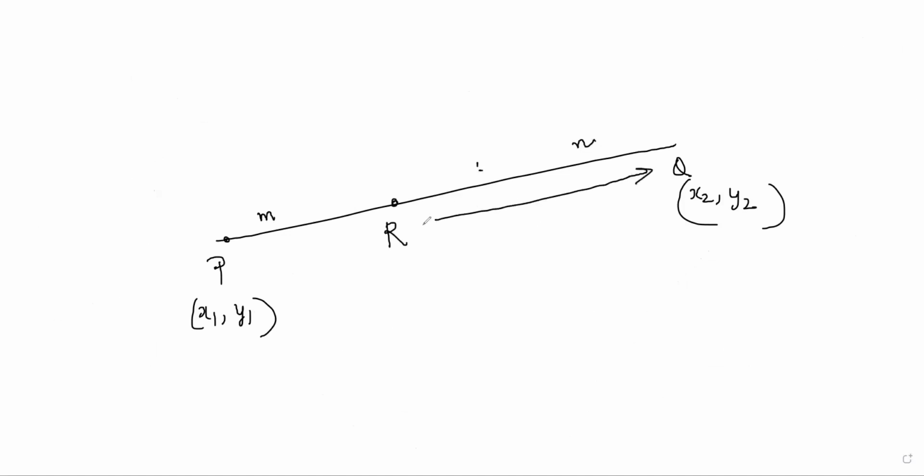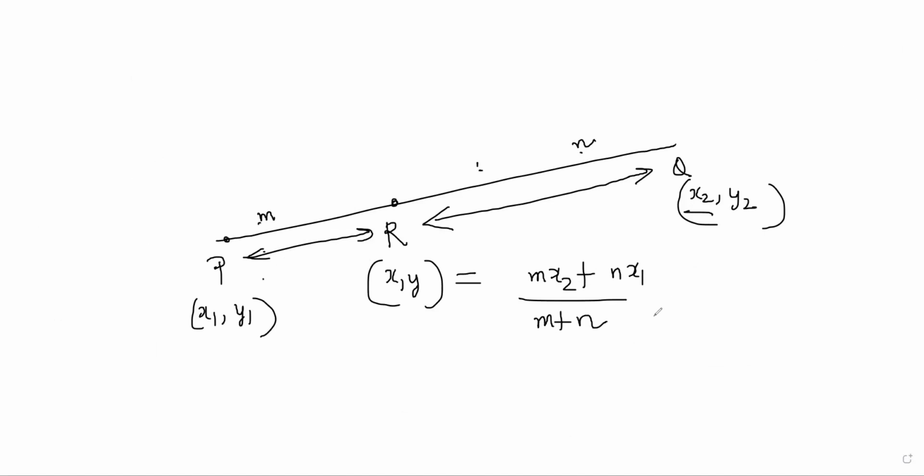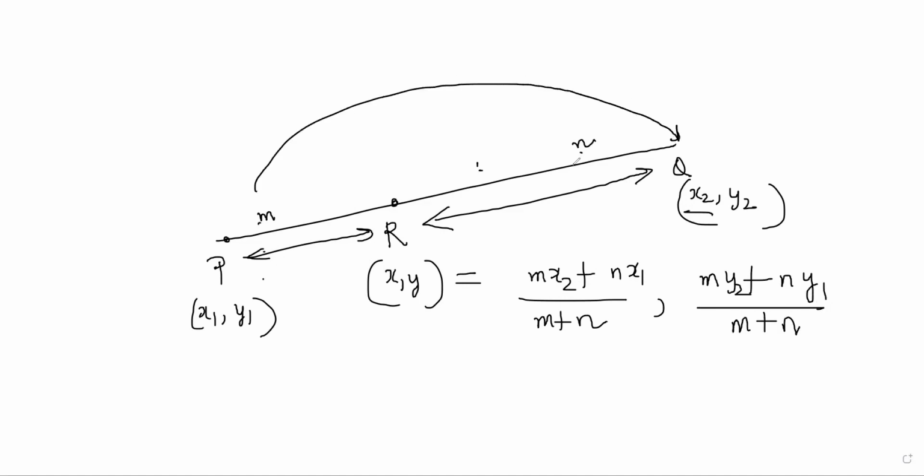This much is n and this is your R. When you do this division, you can find this x comma y by doing m times x2 plus n times x1 by m plus n, comma m times y2 plus n times y1 by m plus n.